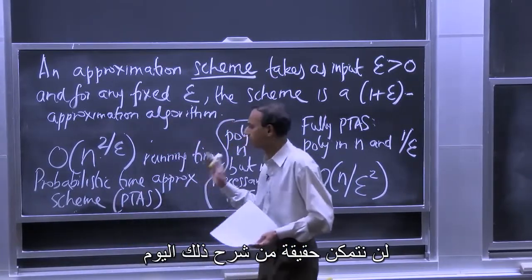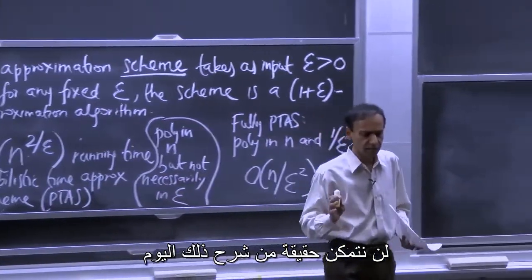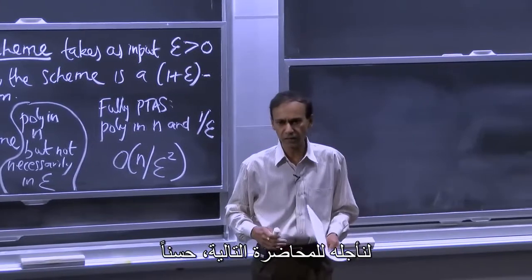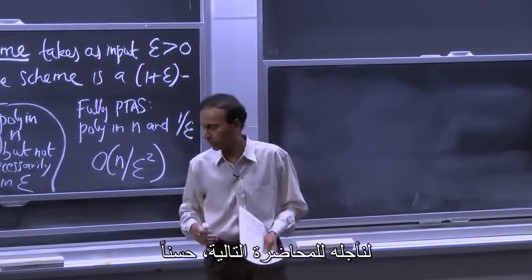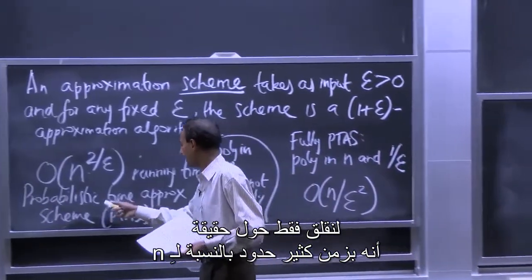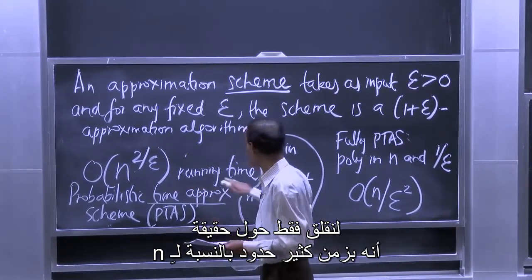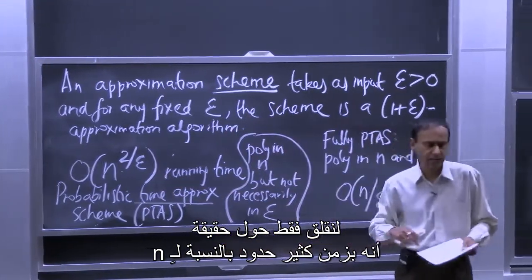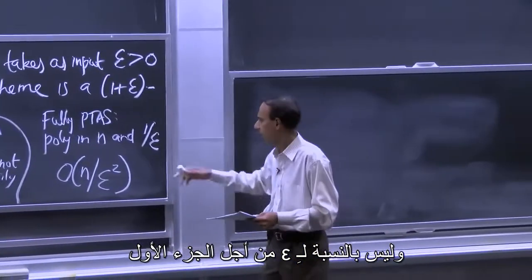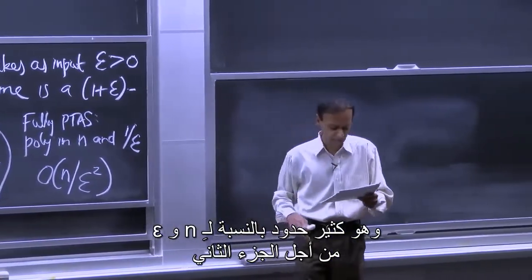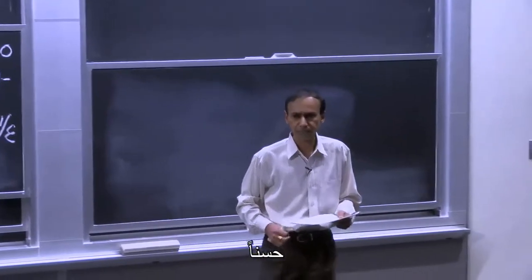The bottom line is that we actually won't cover that today. So let's shelve that for next lecture. Okay. So just worry about the fact that it's polynomial in n and not in epsilon for the first part, and it's polynomial in n and epsilon for the second part. Okay.